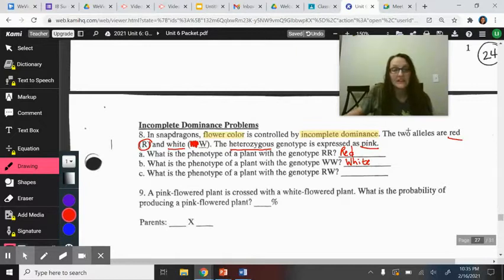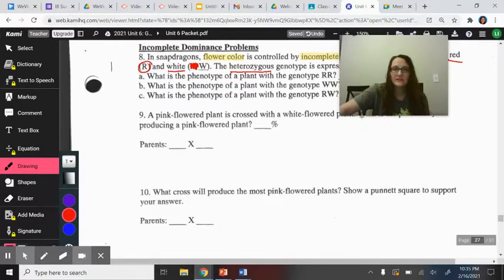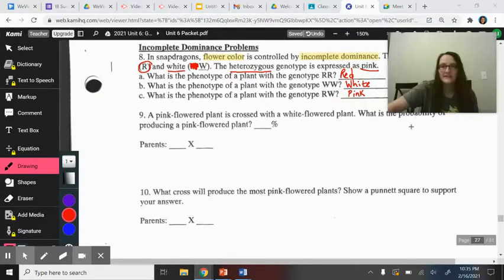All right, what is the phenotype of a plant with the genotype RW? Well, red and white make pink, so that's going to be a pink flower, just like those flowers we looked at on the PowerPoint. Okay, so let's scroll down and work on this practice problem.